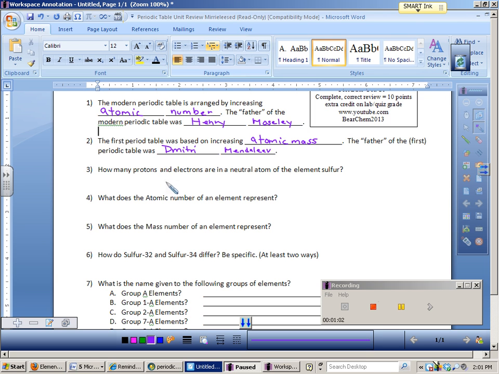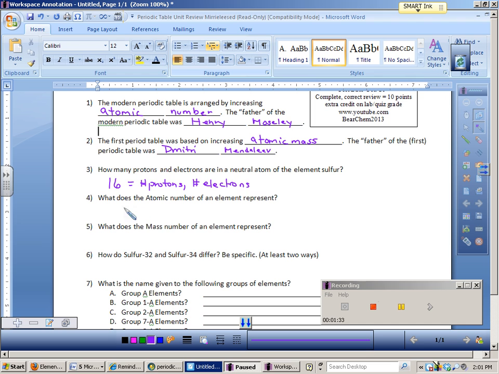Question number 3 asks, how many protons and electrons are in a neutral atom of the element sulfur? So we find sulfur on the periodic table. It is in row 3, column 6. It has atomic number of 16, and that means it equals the number of protons and the number of electrons because we are in a neutral atom.